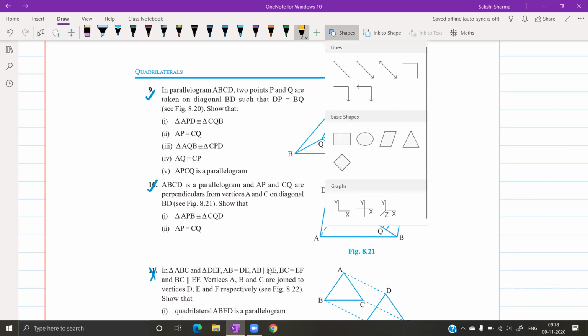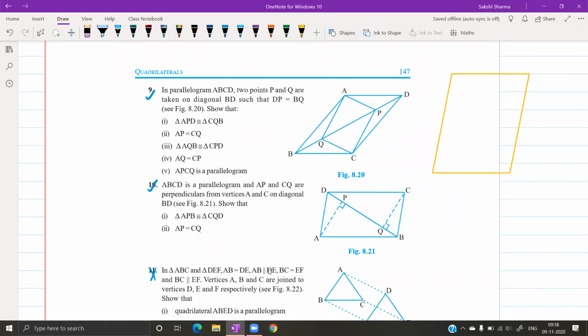I will go over the figure again here. So you have been given that there is a parallelogram ABCD. Then they have given 2 points on diagonal BD. Let's draw the diagonal BD. On this diagonal, there are 2 points P and Q in such a way that DP equals BQ. So point P will be marked near D, this distance.